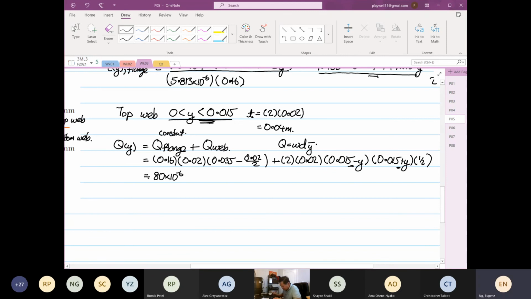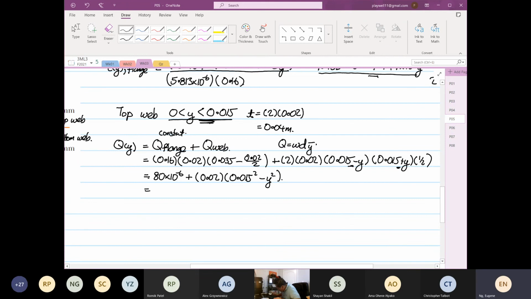Right? And then we have a plus, you have a plus, 2 times 0.02 times 0.5 is equal to 0.02. So the half can cancel with 0.02, multiplied by 0.015 squared minus y squared.